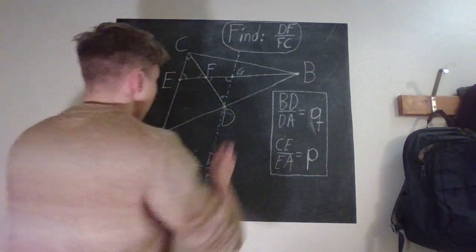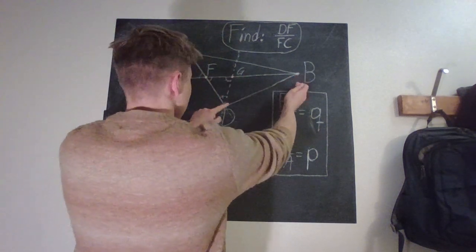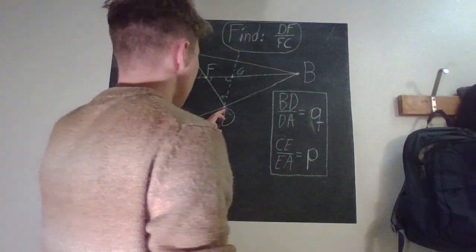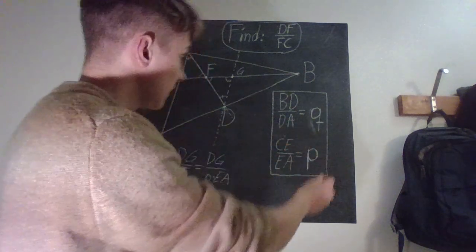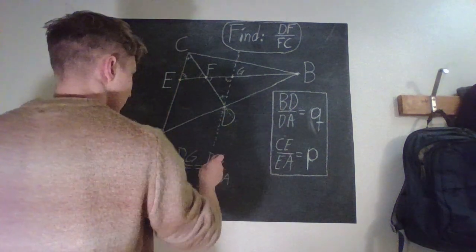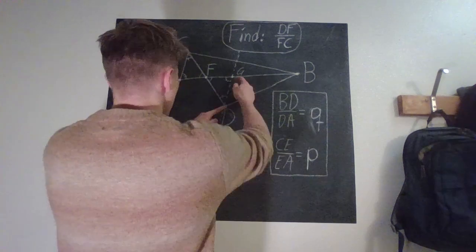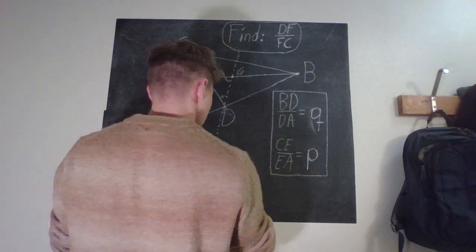So therefore, this divided by that is the same as this divided by that and this divided by that. And since we have BD and BA, looks like we can use Q, right? So we say that DG over EA is the same as BG over BA.